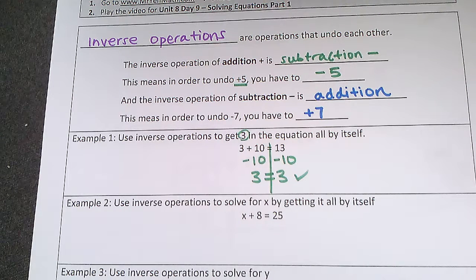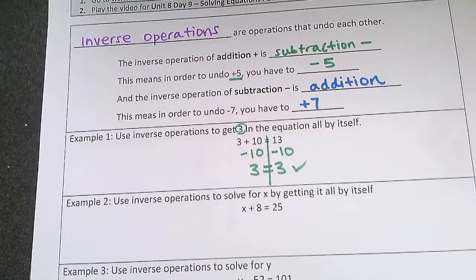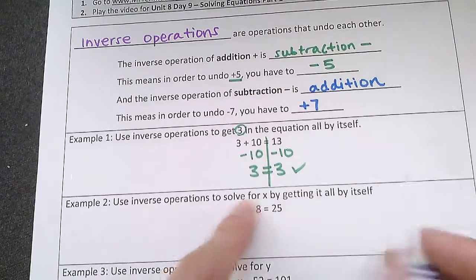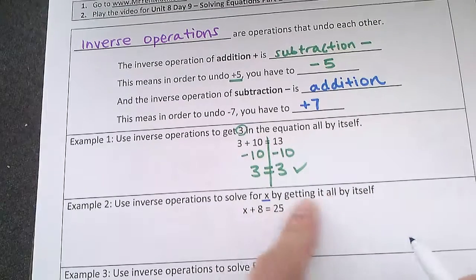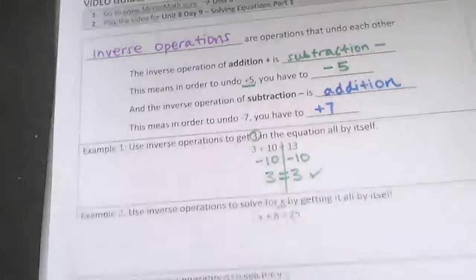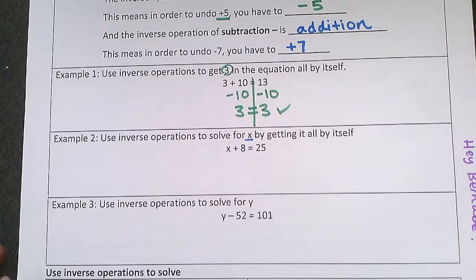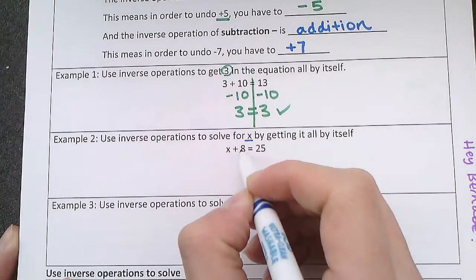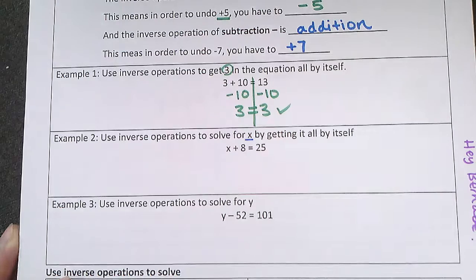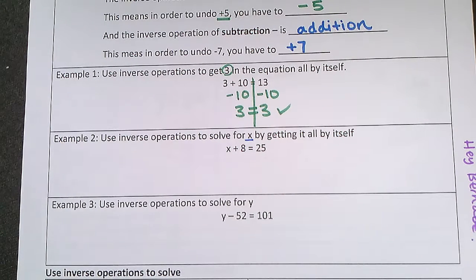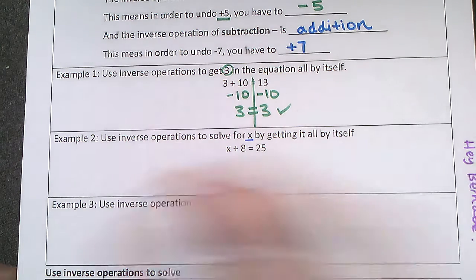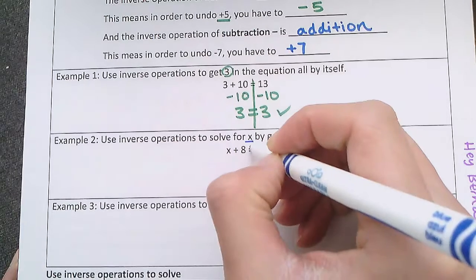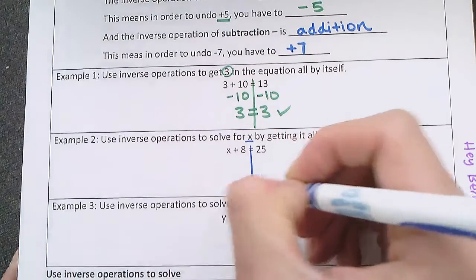Okay, let's look at the next one. I think it'll start to make a little bit more sense once we start working with variables. Use inverse operations to solve for x by getting the x all by itself. So we have x plus 8 equals 25. Now, one way that you could solve for x is you could just think in your head, what number plus 8 equals 25? Or we can use inverse operations. So we'll draw the line going right down through the equal sign like that.